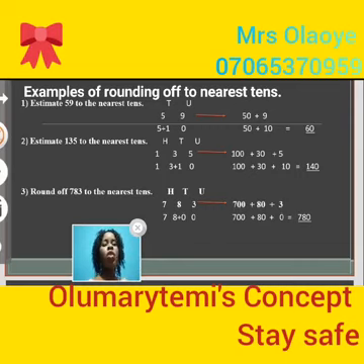Now, since we are rounding up to the nearest tens, what determines the tens is your unit. Now, since your unit is 5 and is up to 5, we change it to 10.